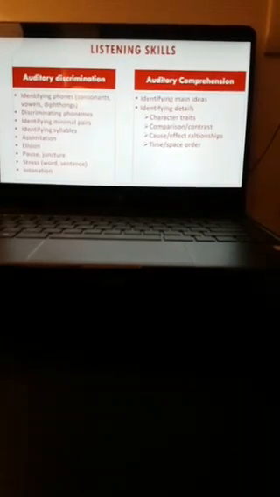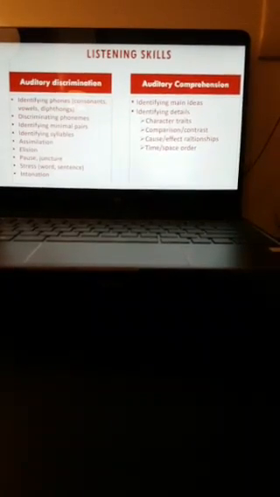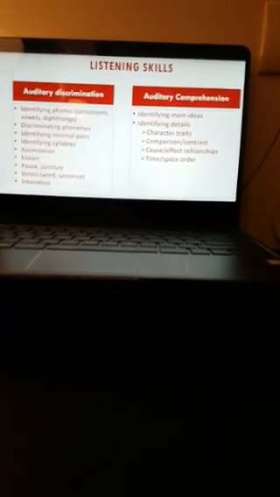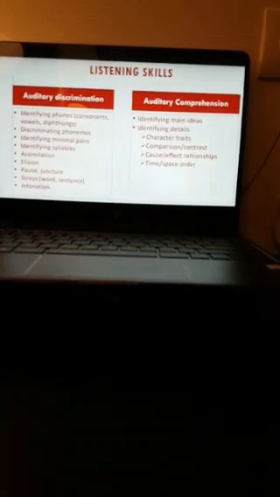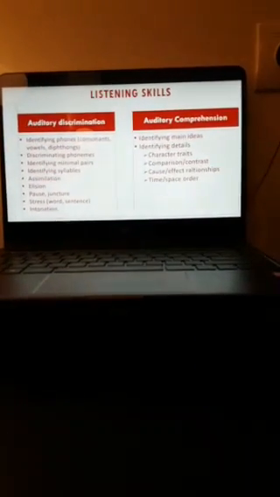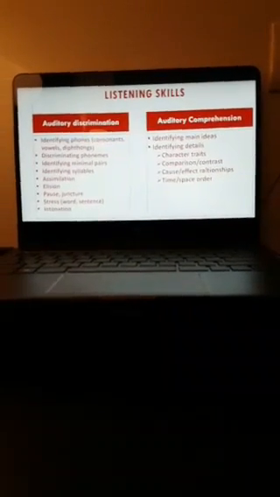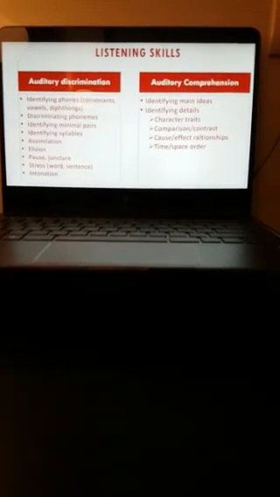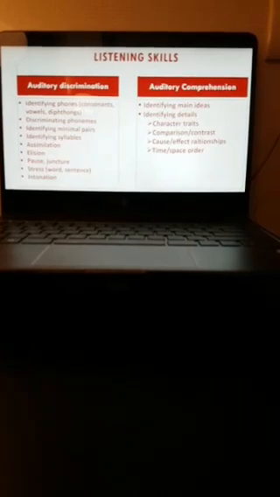And they should discriminate, also identify syllables, especially endings. When we speak and we produce or hear spoken words, there are sounds that change depending on what sound comes before and what sound comes after.